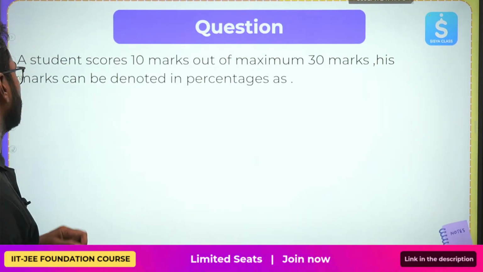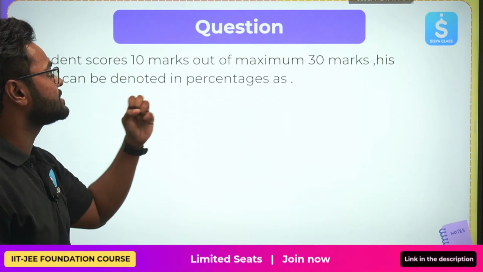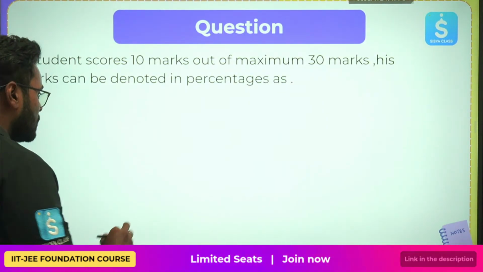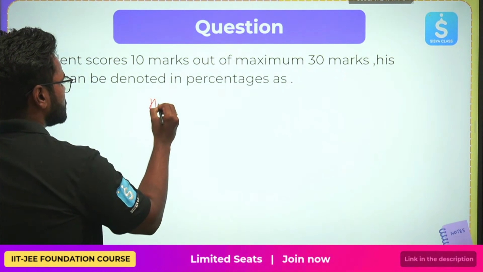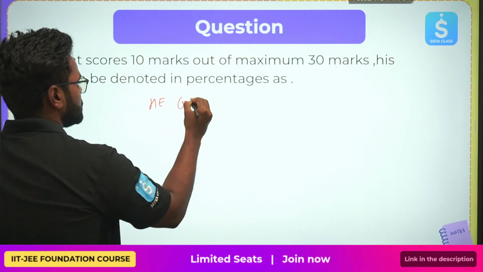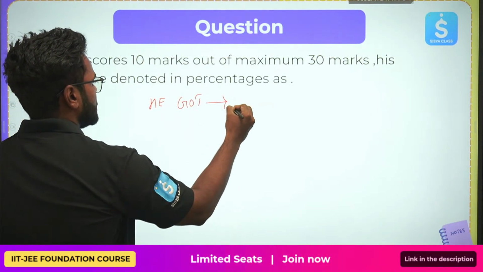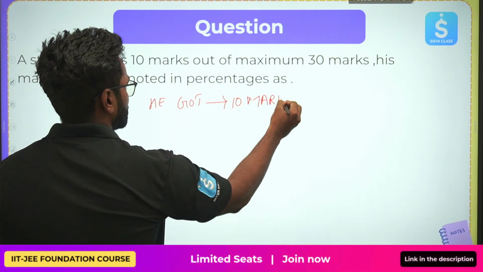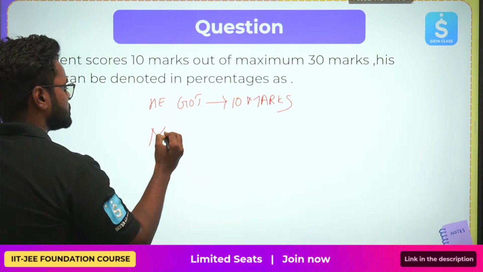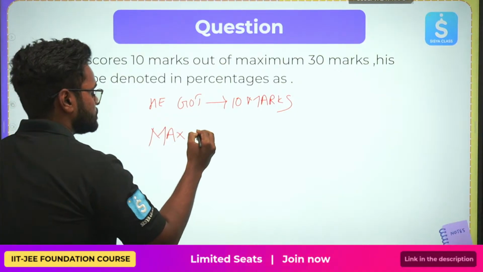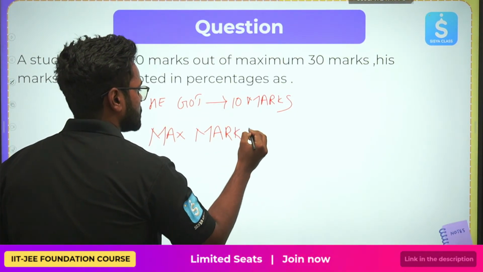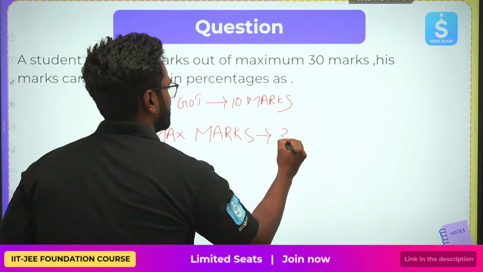Now, let's solve a question. A student scores 10 marks out of maximum 30 marks. His marks can be denoted in percentages as follows. He got 10 marks, and the max marks is 30.